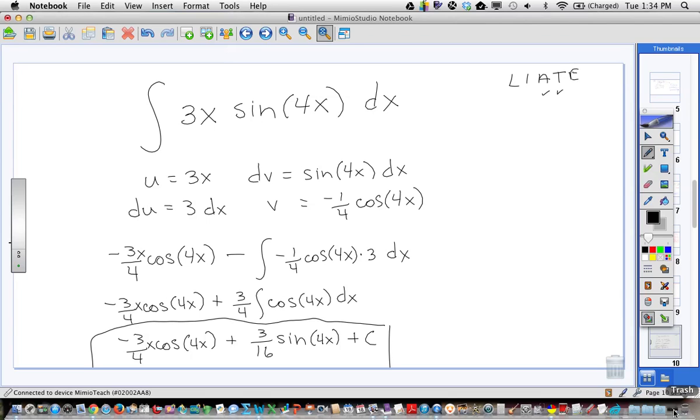Now remember, all these techniques are giving us a new integral that we can then hopefully do. Sometimes you'll do an integration by parts, and then the new integral you get needs a u substitution. Actually, this is a case of that, because we can technically do a u substitution right here on this 4x, right? So sometimes you do integration by parts, and the new integral needs a u substitution to finish it out. And it works the other way too, where sometimes you do a u substitution and that gives you a new integral that needs integration by parts to finish out. Okay? So that, I think, may happen on one of the homework problems.